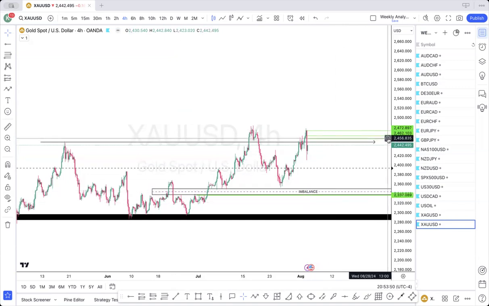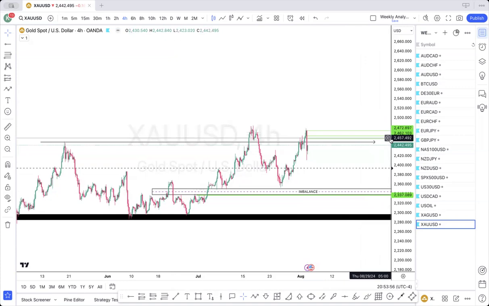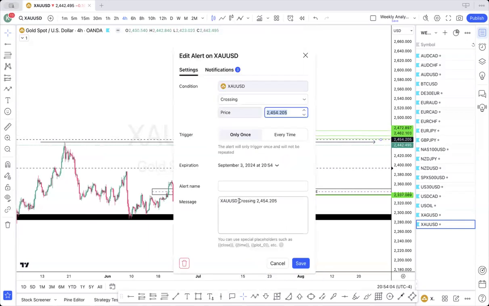So what I'm going to do is add an alert. Potential sell to 2,300.